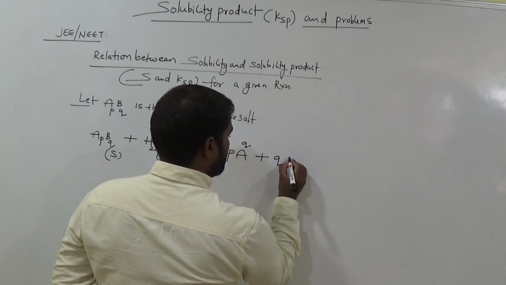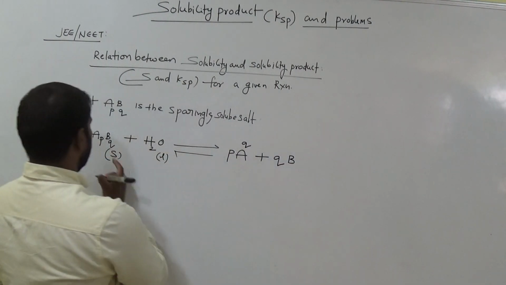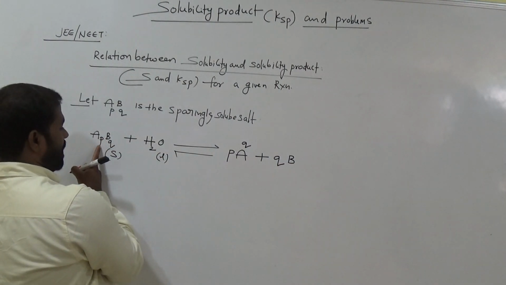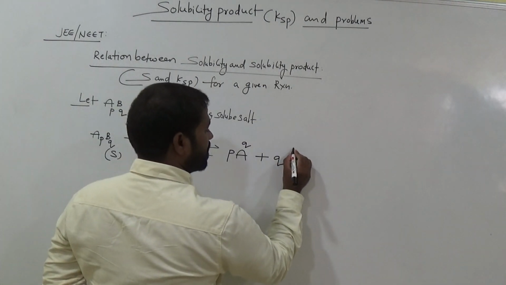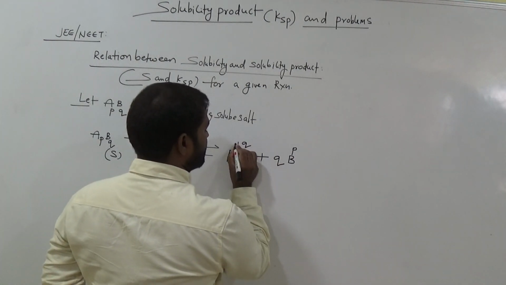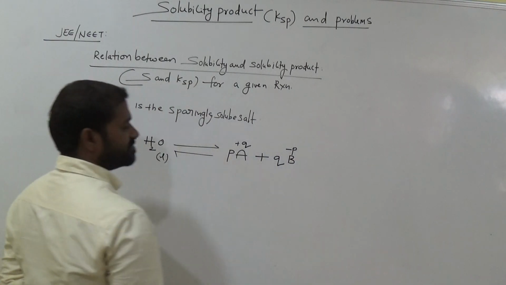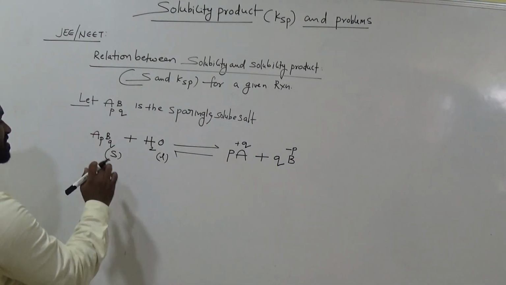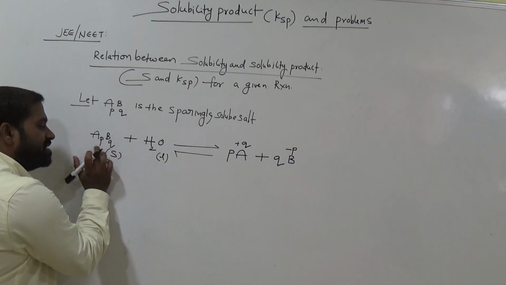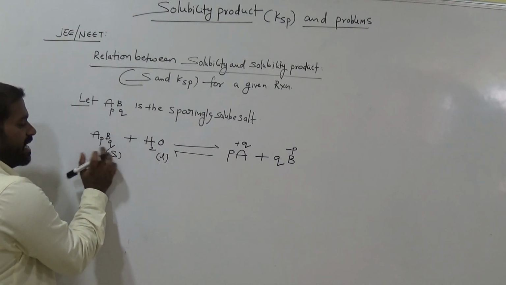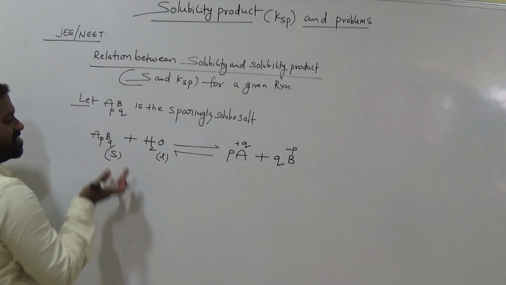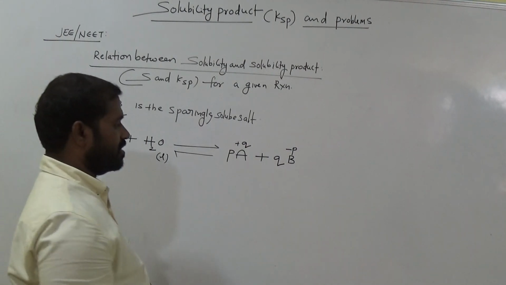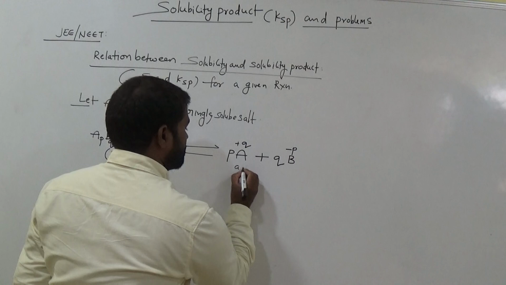Q. What is the oxidation state of B? P, am I right? This means plus, so this one becomes minus. According to the criss-cross method, exchange the subscripts as oxidation states. Okay? Clear up to everyone?